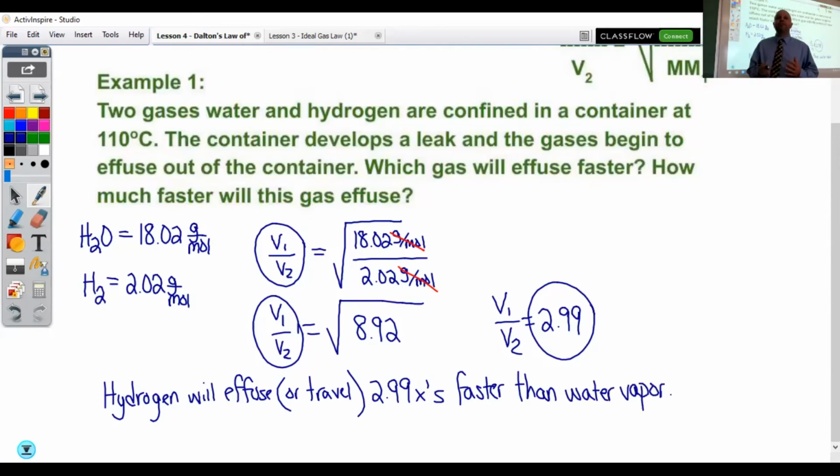And there you have it, your first Graham's law of effusion problem.